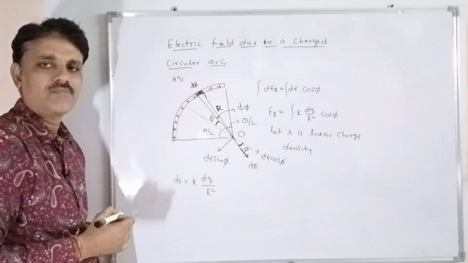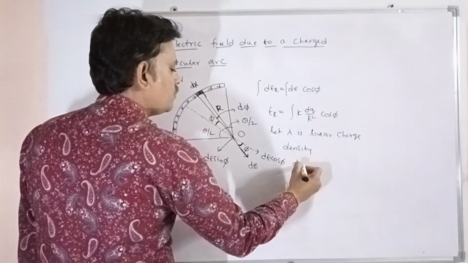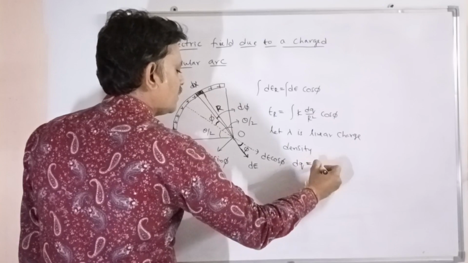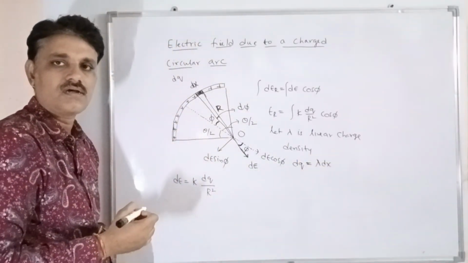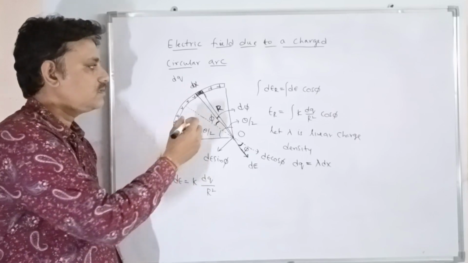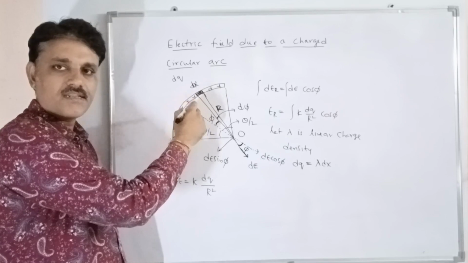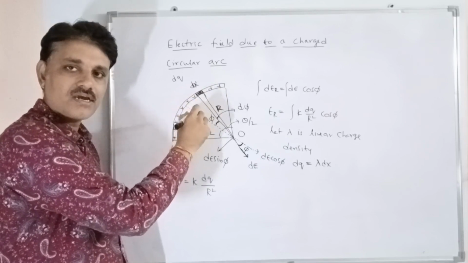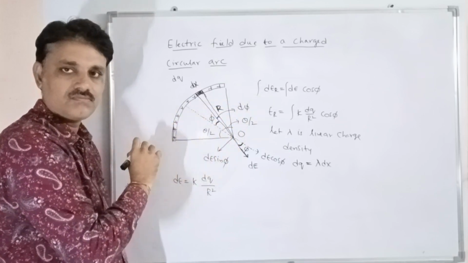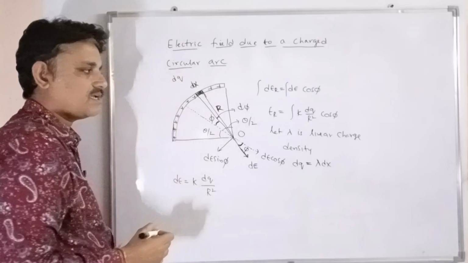Let us suppose lambda is the linear charge density, then dq is equal to lambda into dx, right? Because the length dx has the charge dq, and the charge per unit length is lambda, so the charge on length dx is lambda into dx, that is nothing but dq. So in place of dq, lambda into dx.